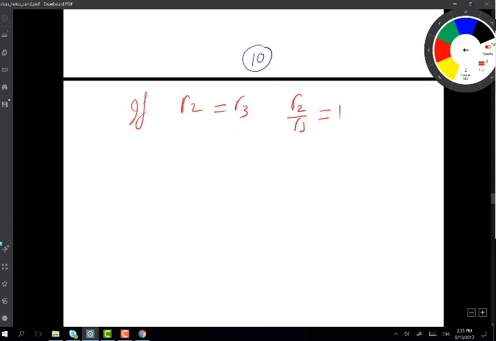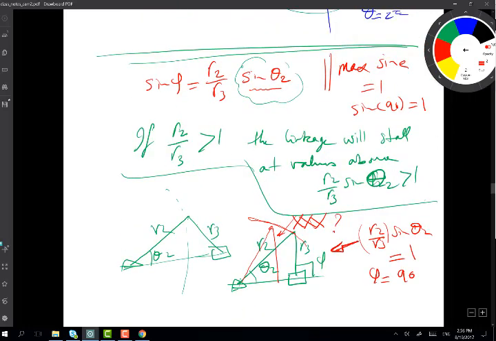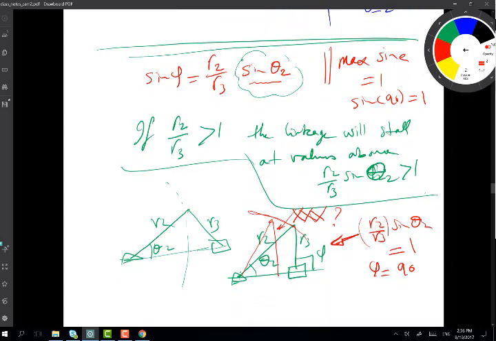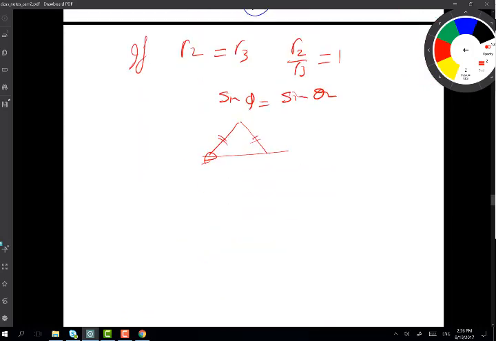At some point sine phi will be equal to sine theta 2, and these two links are equal, those are equal like that, right? And then I'll have a situation where the whole thing falls on top of each other like that.